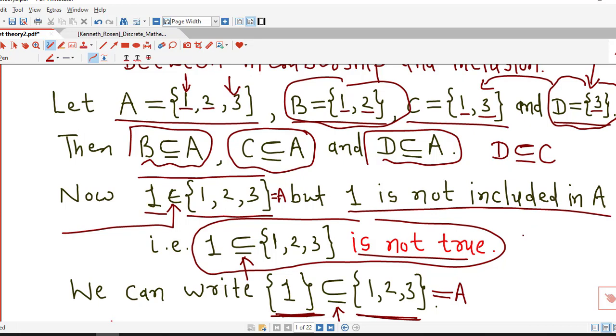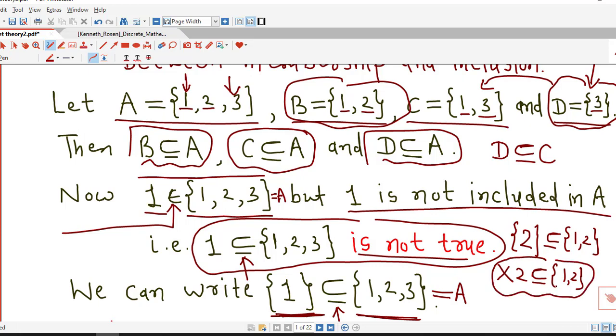Similarly, we can write that the set containing 2 is a subset of the set containing 1 and 2. But if we write 2 is a subset of {1, 2}, then this is not correct, because 2 is a member of {1, 2}, but the set containing 2 is a subset of the set containing 1 and 2.